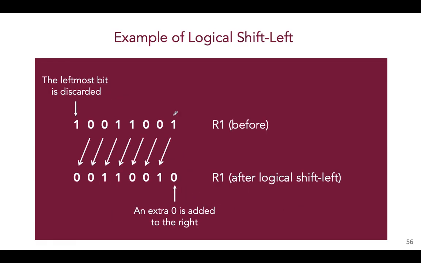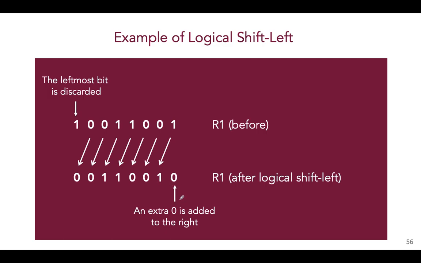Here's an example of a logical shift left. So this is a register R1. Its contents are 10011001, and we are supposed to shift it left by 1 bit. How it works is you simply shift this entire string of bits 1 bit to the left and drop the leftmost bit. All the other bits are shifted 1 bit to the left, and then in the end we have a 7-bit number, but we needed 8 bits, right?